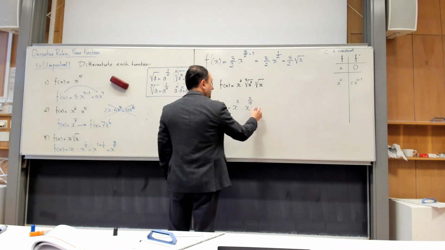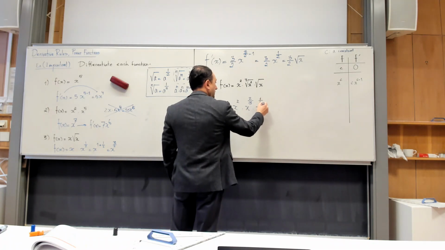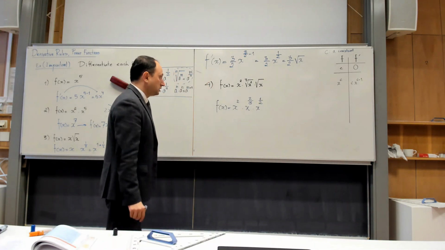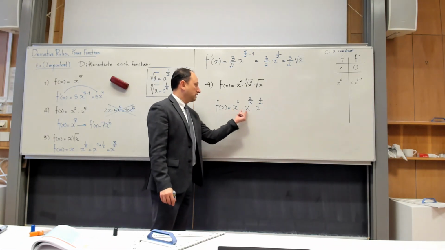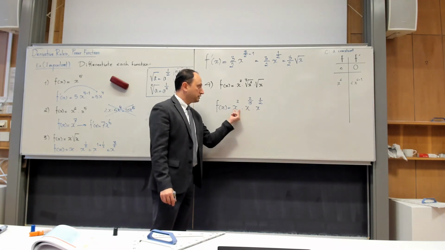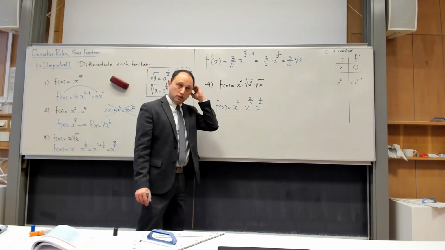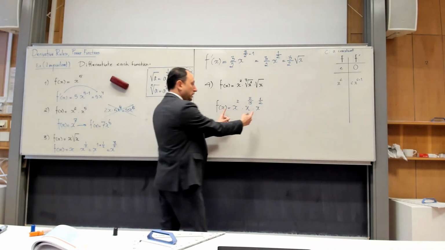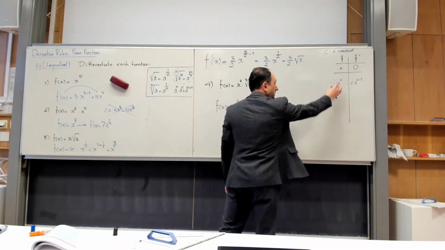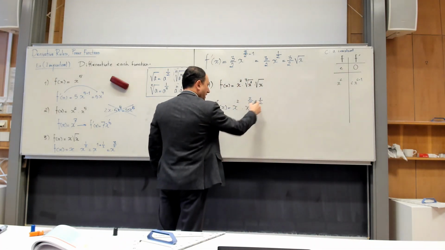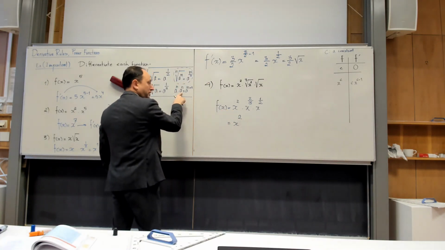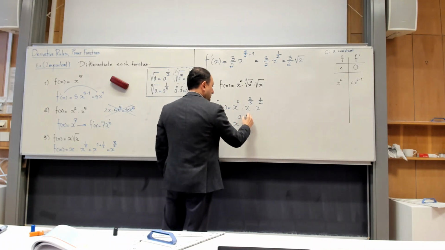And then the other one is x to the power of 1/2. Let me repeat this once more: even though I can take the derivative of each one of them using that formula, don't do that because the whole expression is not in that form yet. So I have to add the exponents by this rule of powers. So this becomes this.